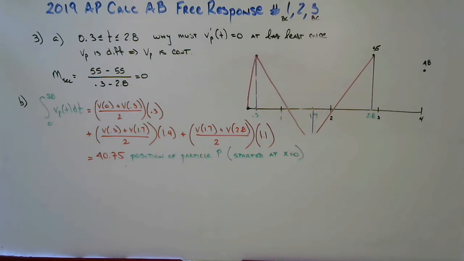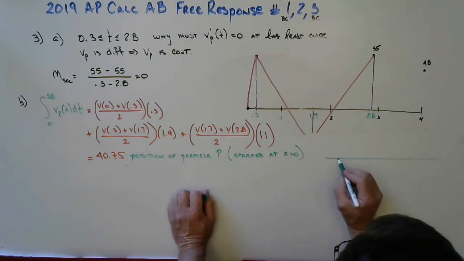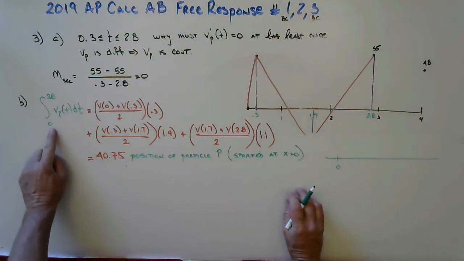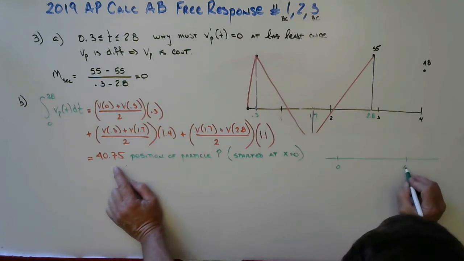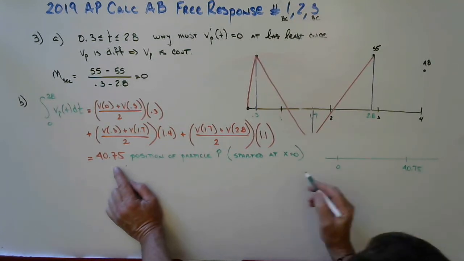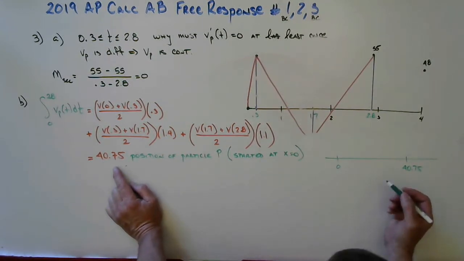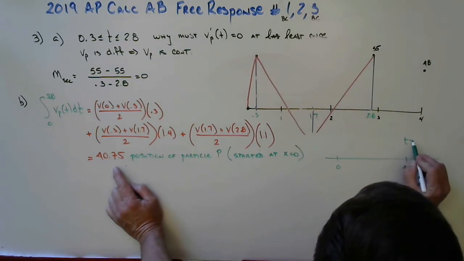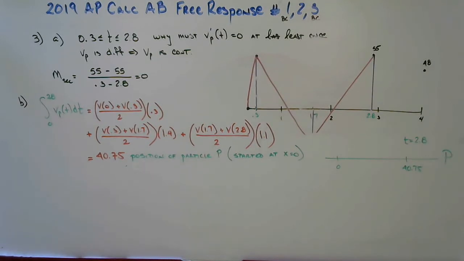So its displacement is 40.75. That's its displacement. It started at 0, and the displacement from where it started to where it ended up was 40.75. Now I don't know its distance. We didn't calculate that. We calculated displacement. So this is where it is at t equals 2.8. This is the story of particle P.